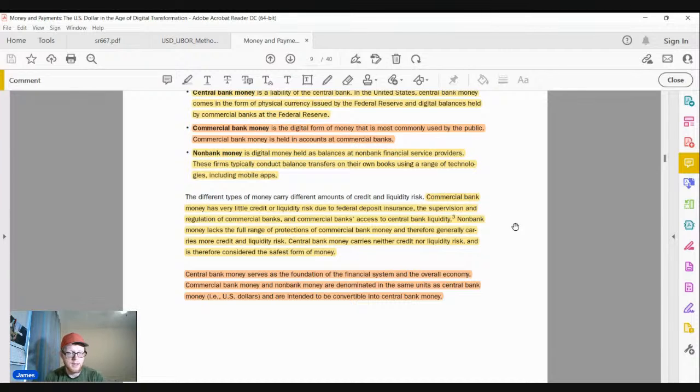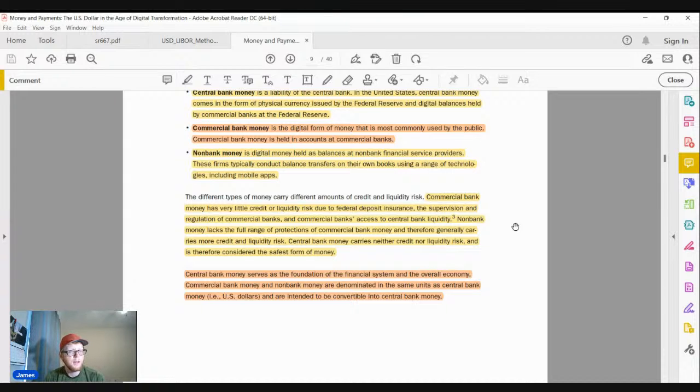One thing that pops into my mind, especially with credit risk, is that I don't really see a clear distinguishing factor between central bank money, where they argue there's no credit risk, and commercial bank money, where they say there's a little bit, since the Federal Reserve is so closely tied to commercial banks.